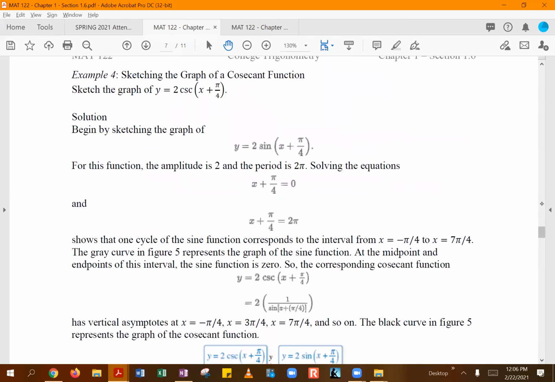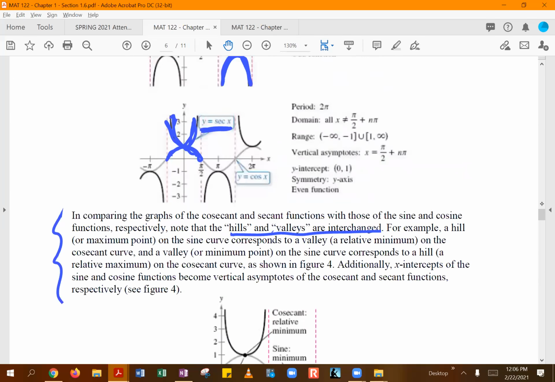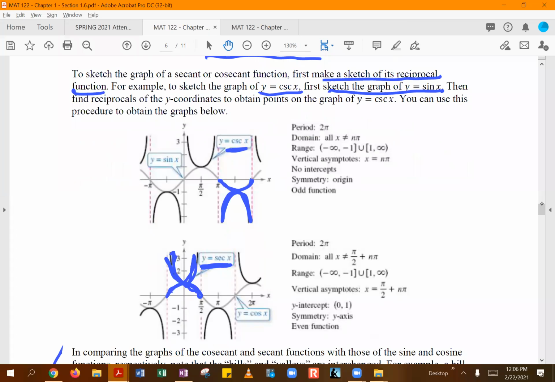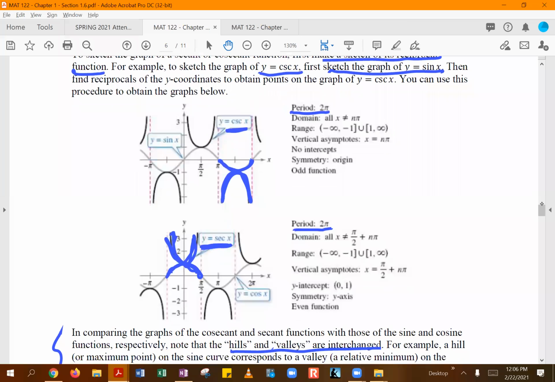I forgot to mention, the period for your sine and cosine functions was 2 pi, so that period stays the same for your secant and cosecant functions, and you can see that over here with these graphs.